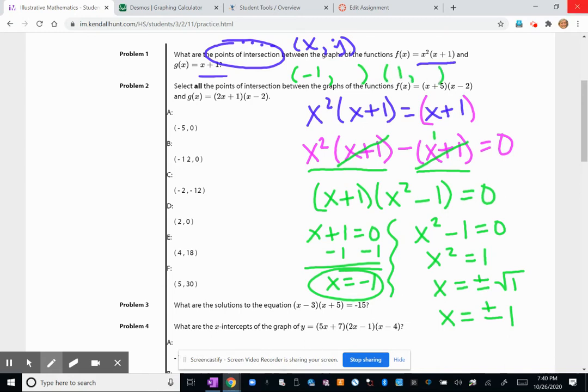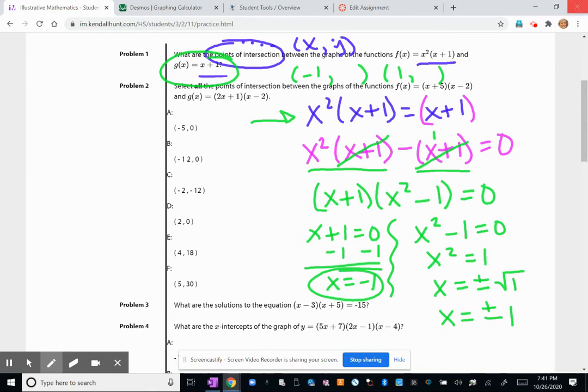Now I'm going to take each of those values for x, the negative 1 and the 1, and plug them into either equation, because at this point the two are equal. If I put a negative 1 in for x, I should get the same answer for both of them, and likewise for a positive 1. I truly believe g of x is the better choice here because I just have to add 1.